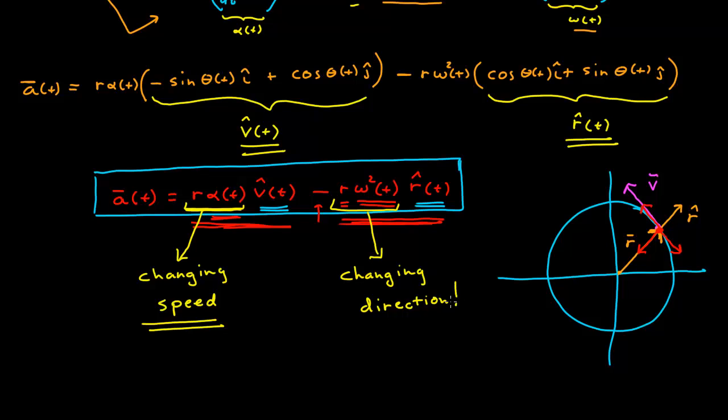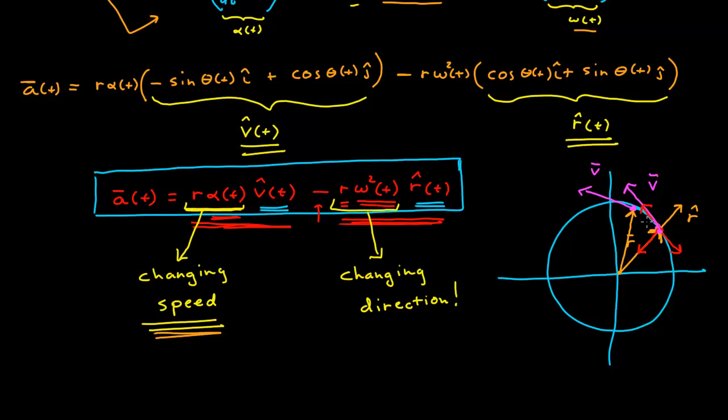As the particle moves from, well, let's see. Let's say the particle moves from here to here. So once the velocity was in that direction, now the velocity is in this direction, and the radius is here. And it may have been sped up or slowing down depending on how it's changing the speed, but it has definitely also changed direction.